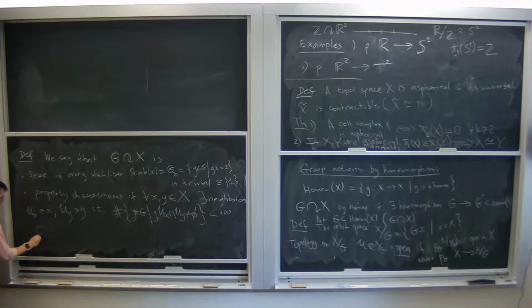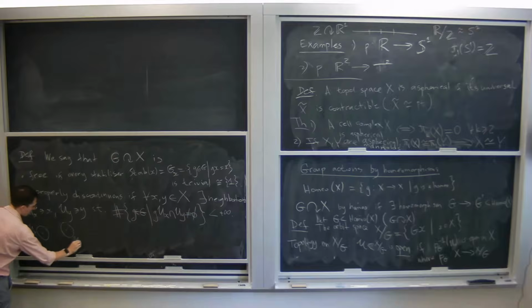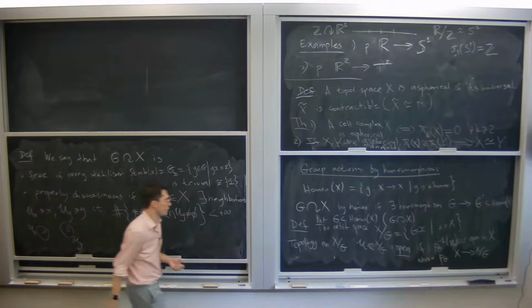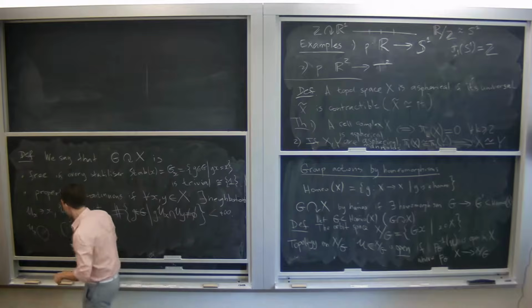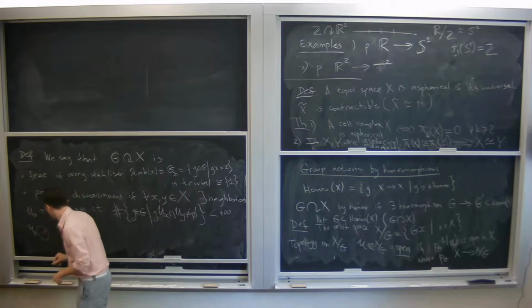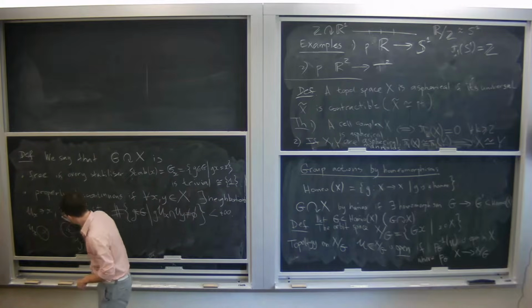Let me draw an illustration. So I have two points. This is my UX, sorry, this is my UY, right? And I want to have only finitely many images of UX, so gUX.